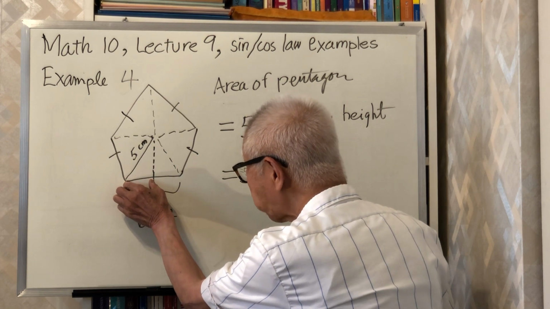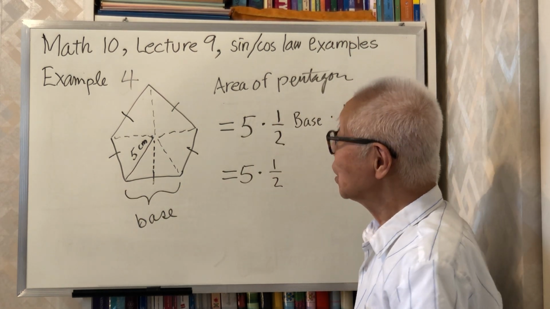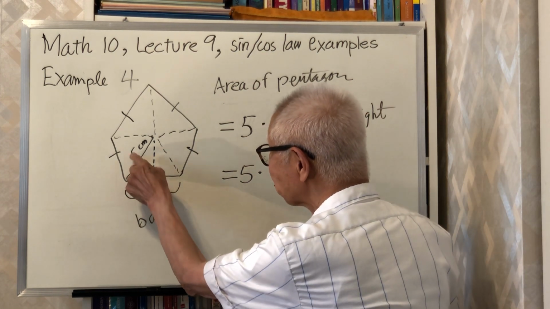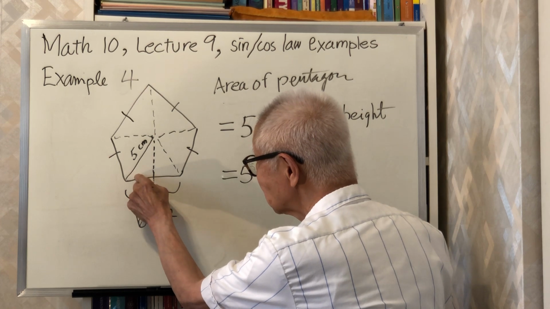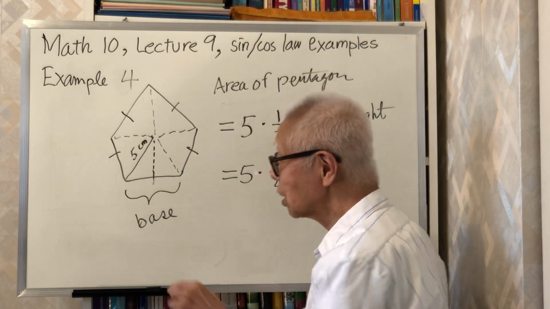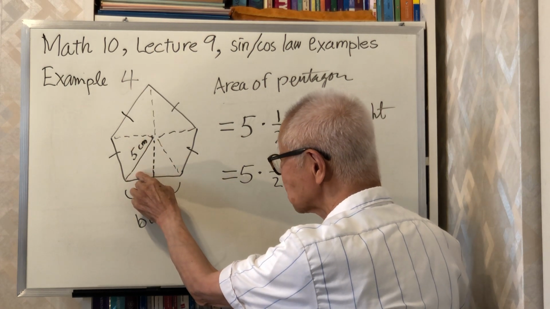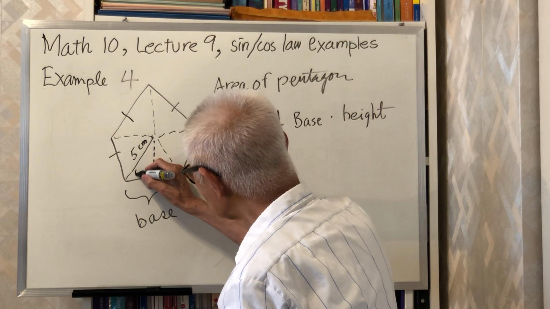But what is this part? It's from example 1, 2, 3. This part is 5 divided by tangent this angle. You follow? Let me label this angle theta.